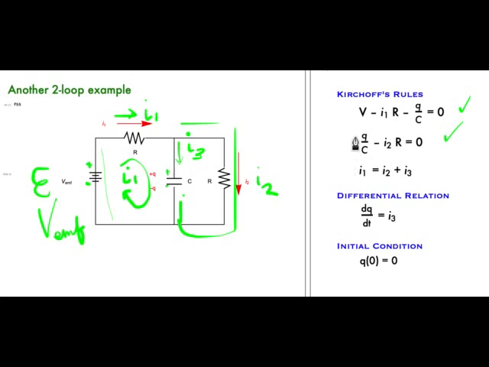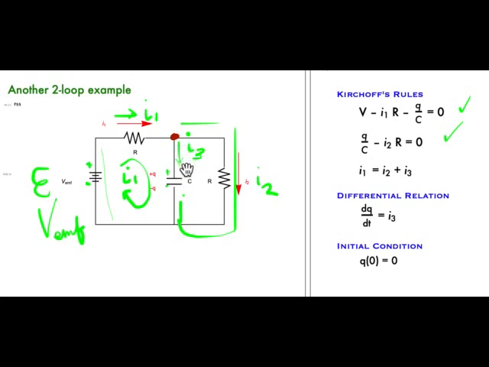Now I have another equation from Kirchhoff's rules. I have Kirchhoff's junction rule. I can put the junctions in a different color. I have a junction here where I have current I1 coming in, current I3 plus I2 coming out. So here's I2, I2 is coming out. Here's I3, I3 is going this way.